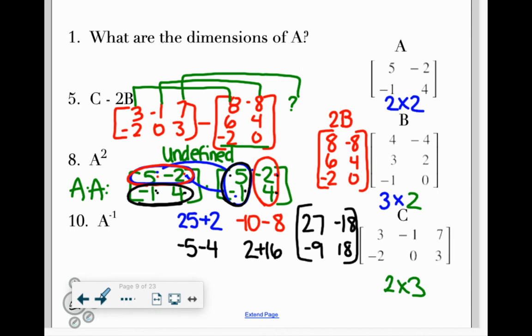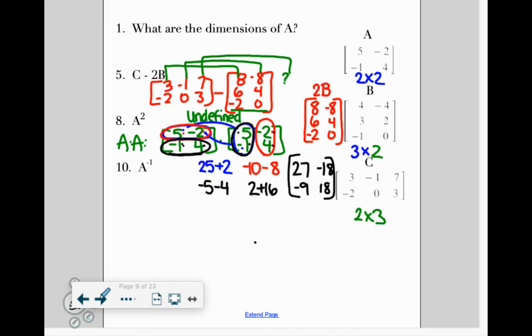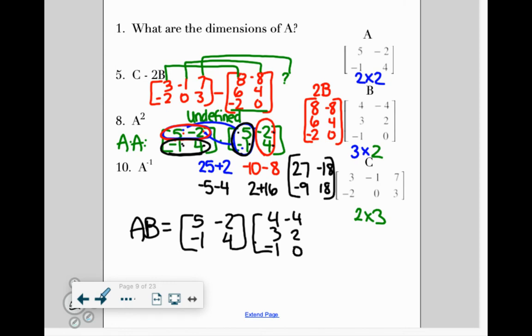Now let's talk about an example of multiplying matrices that wouldn't work. I'm going to move this down a bit. Let's say you tried to multiply A times B. A, as we said earlier, is a 2 by 2.